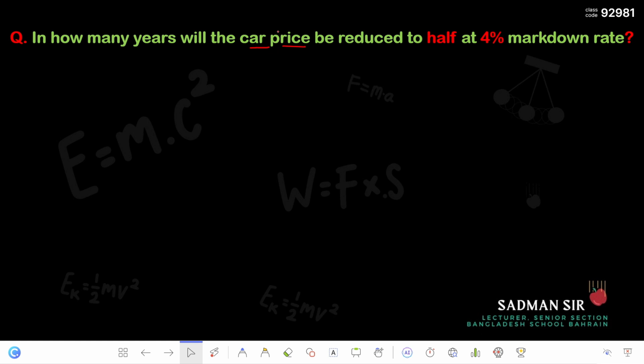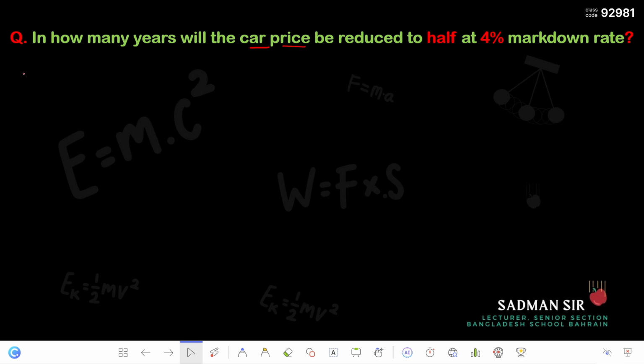Maybe after 3-4 years you can sell it for maybe 3,000 or less than 3,000. So the car price, you can see the value of it is going down. So in how many years will the car price be reduced to half at 4% markdown rate? That is what we have been asked to find out.